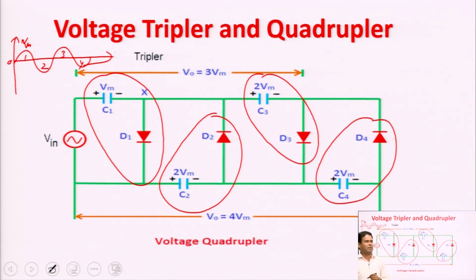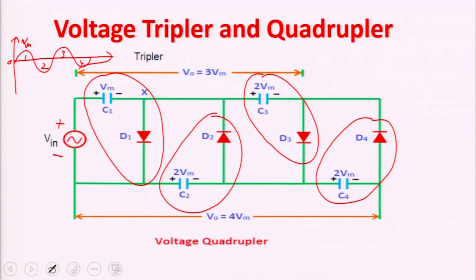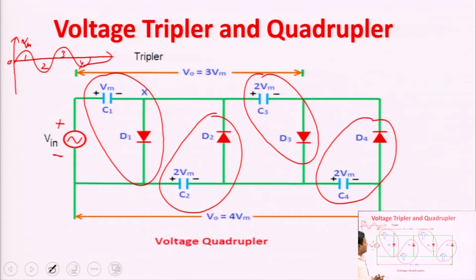Then what will be here? For positive half cycle number 1, the sign convention is like this. Obviously, in this condition, D1 and D3 may be in forward bias, but the question arises, will D3 be in reverse bias? The answer is D3 will be in reverse bias. Why? Because if D3 were in forward bias, then current would have to flow through C1, C3 and C2.